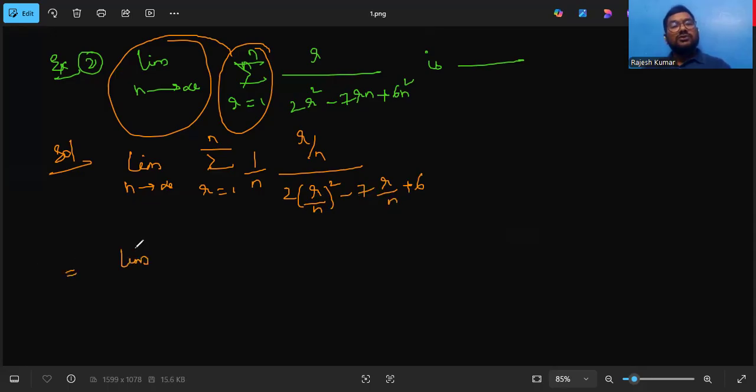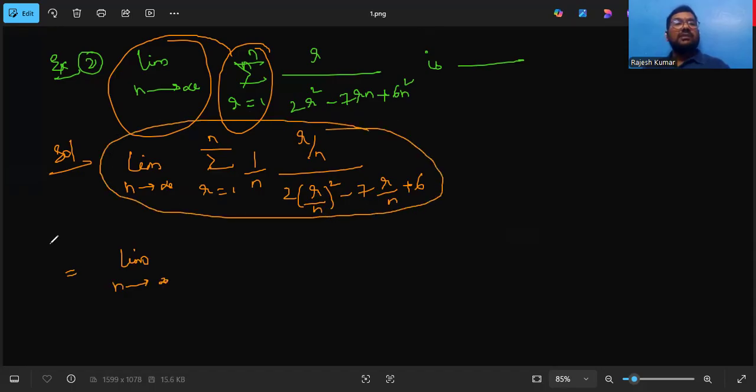In the previous question, I showed you that the entire content can be written as an integral: x by 2x square minus 7x plus 6 into dx.